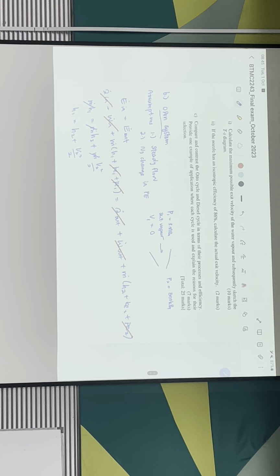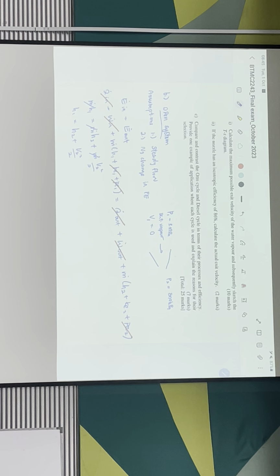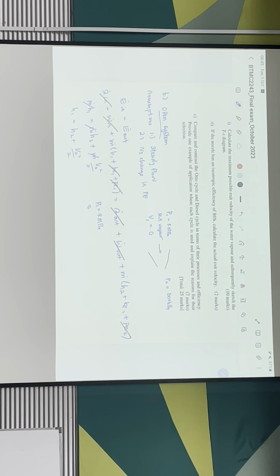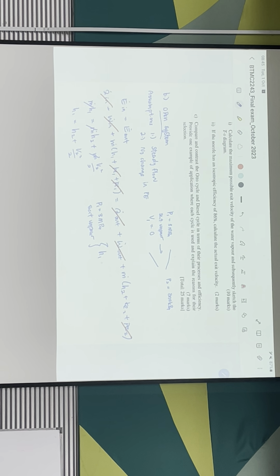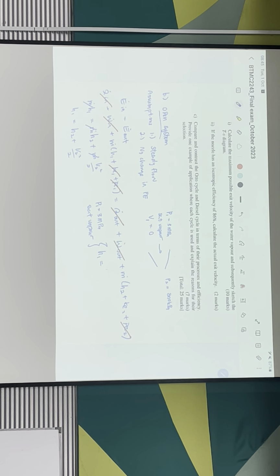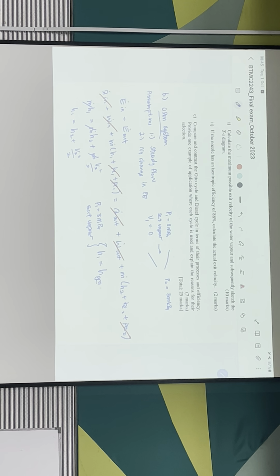Alright, so now h1 we can find easily, right? We know P1 equals 3 megapascal, saturated vapor. So h1 is just hg at 3 megapascal.